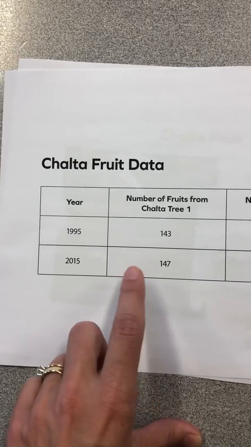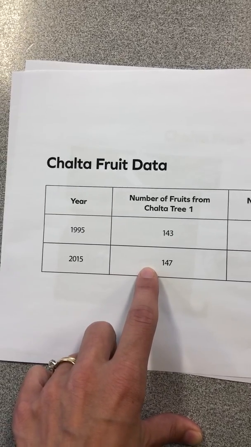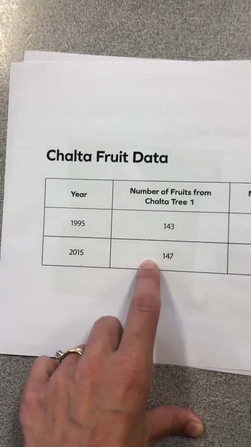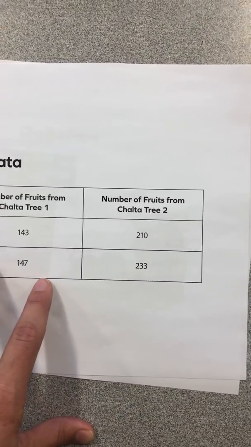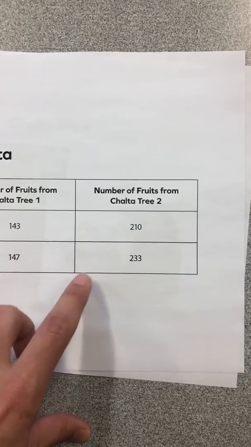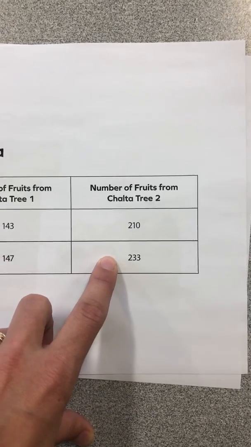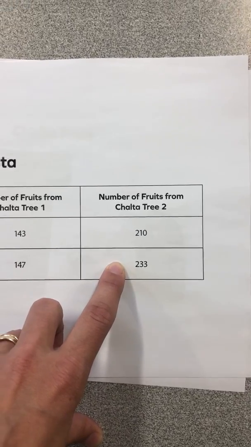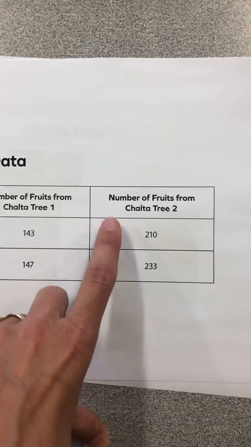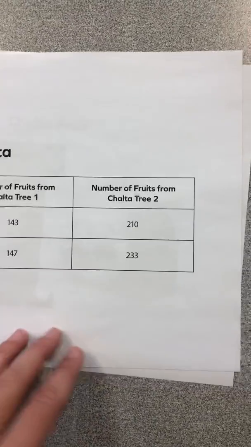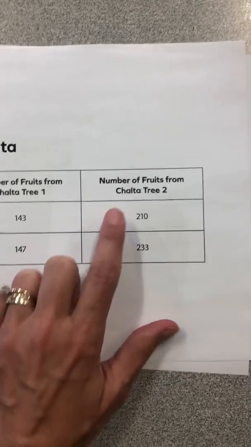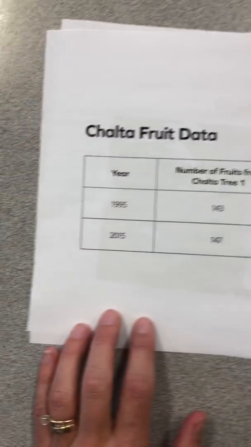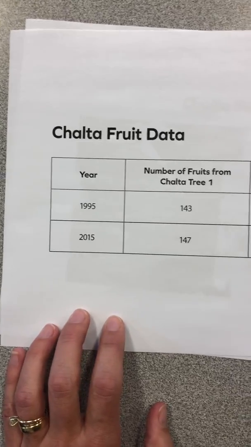So as you can see, there are more fruits in 2015 from chalta tree 1. Over here, we also see the same pattern. 233 fruits were produced from chalta tree 2, and only 210 were produced from chalta tree 2 in 1995.